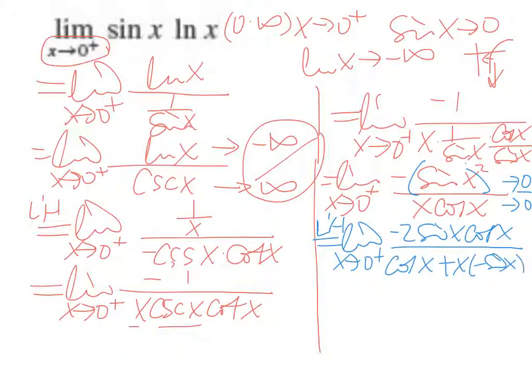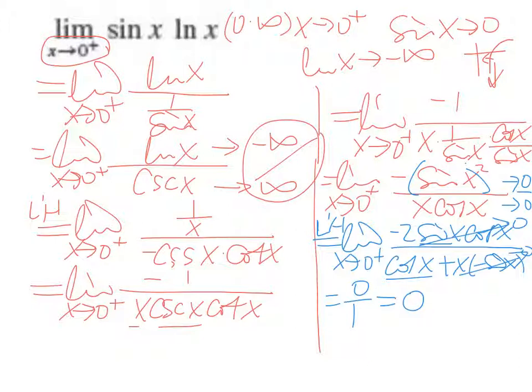As x goes to 0, and we're going to check, the numerator is going to go to 0 because sine of x goes to 0. The denominator, as x goes to 0, this goes to 0, but cosine x goes to 1. So I have 0 over 1, which is 0, and that is the limit for this function.